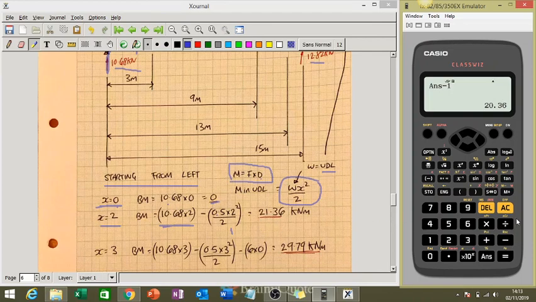Let's just do that again. Yeah, there's a mistake there. 2 squared equals that, times by 0.5 equals that, divided by 2 equals that, 1. Should have checked my calculations.